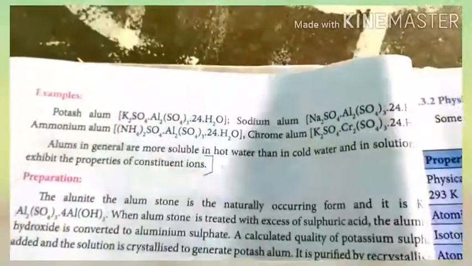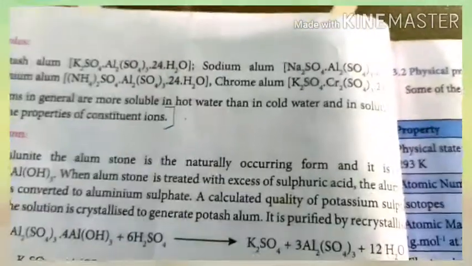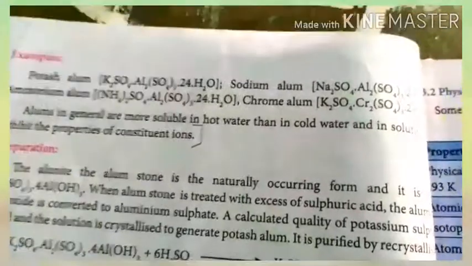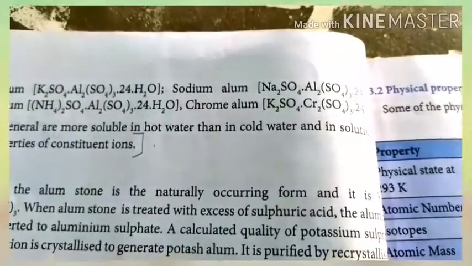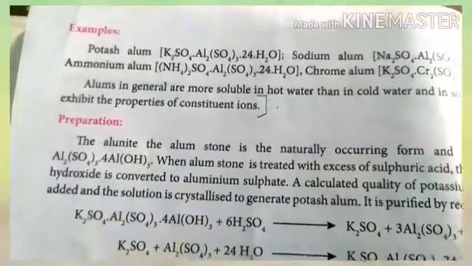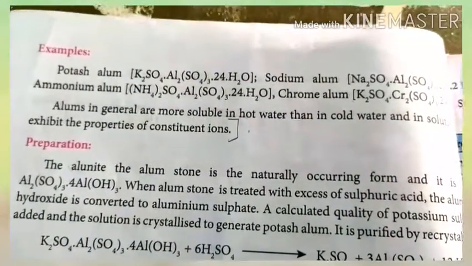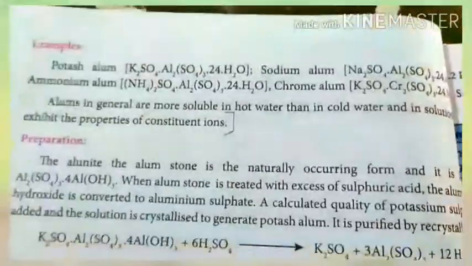For example, potassium alum is a combination of K2SO4 and Al2(SO4)3 with 24H2O, and sodium alum is a combination of sodium sulfate and aluminum sulfate with water. Ammonium alum is a combination of ammonium sulfate and aluminum sulfate with water. Chrome alum is a combination of chromium sulfate and potassium sulfate with water. These alums are generally more soluble in hot water than in cold water and exhibit the properties of their constituent ions.